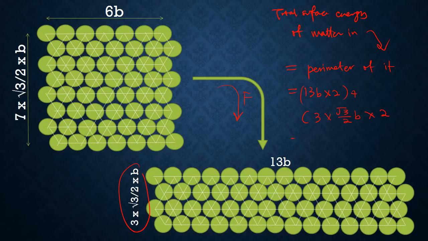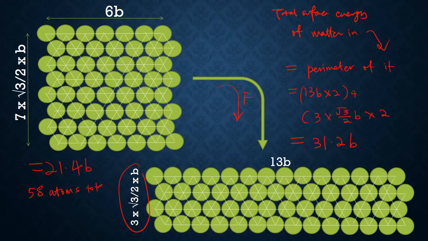Then you will have the total bond. Can you please calculate? The total bond will be 31.2 B here, and 21.4 B there, given that both situations have the same number of atoms.